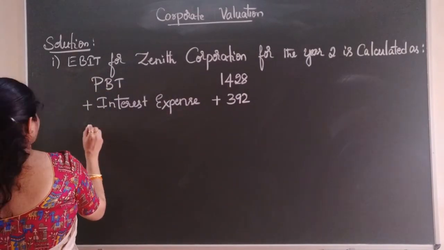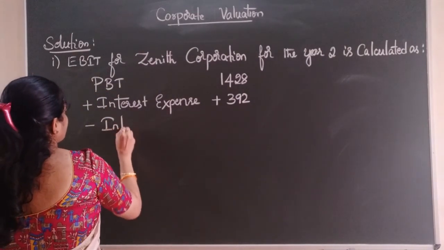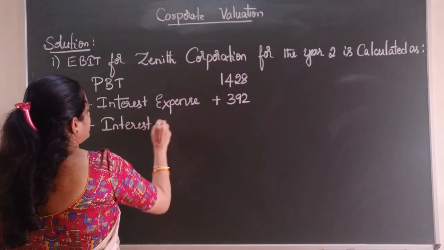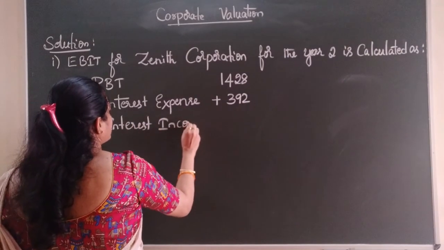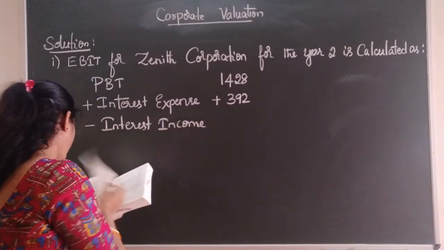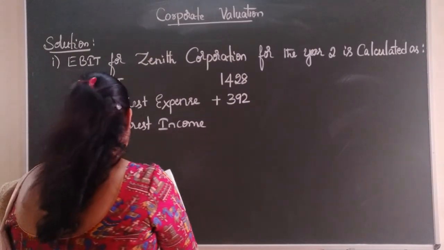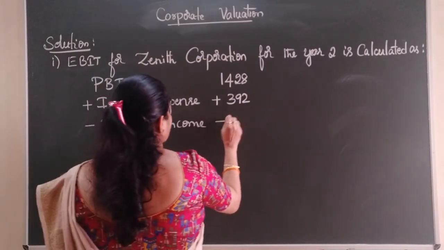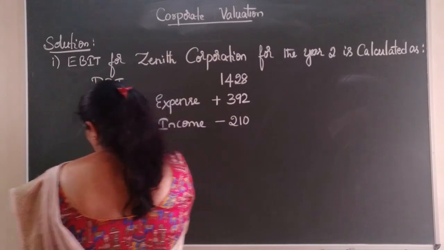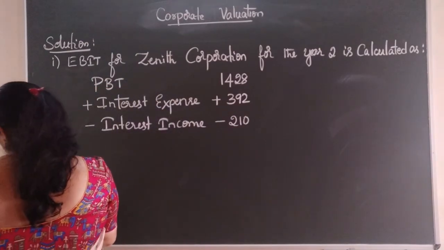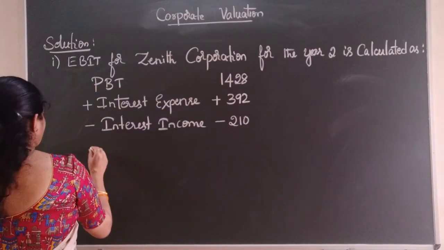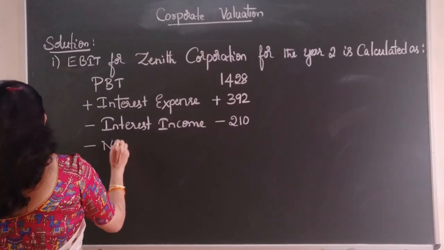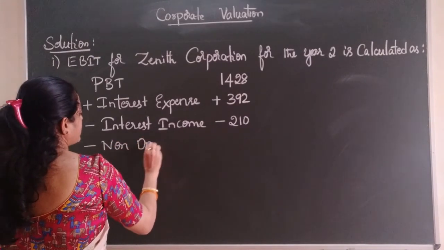Next, interest income, that is income from marketable securities, which we need to take as minus 210. Next, less non-operating income.